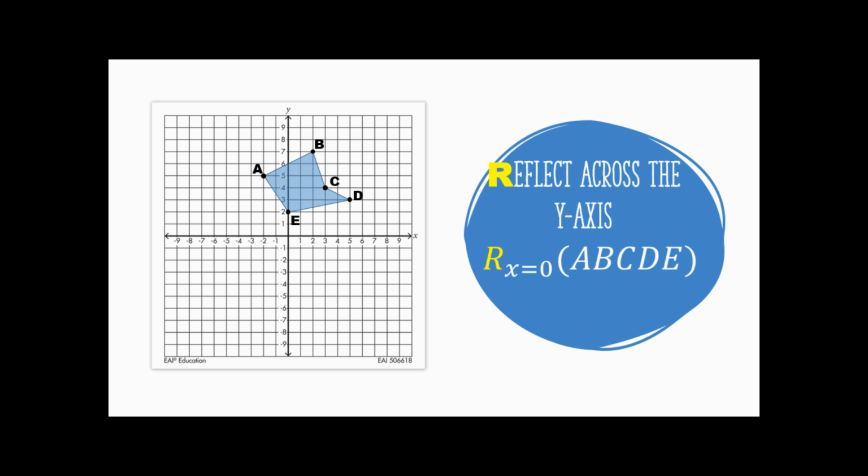When we reflect across the y-axis, we just draw a vertical pole right at 0 through the origin. Same process. We draw that vertical pole in, and then we count to there if we have to. We have to move D, C, B, and A, but E is right there on top of it, so it doesn't need to move at all.